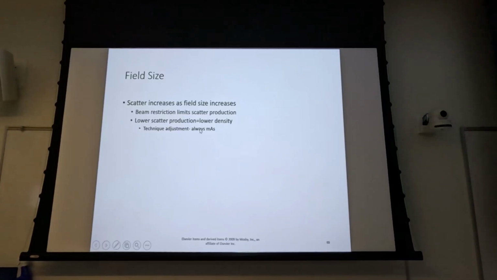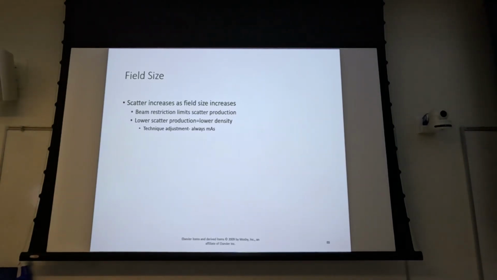So beam restriction limits scatter production. That's the key phrase here: scatter production. We've got scatter production and scatter cleanup. Scatter production is collimation. Scatter cleanup would be your air gap technique, your grid use, or post-patient collimation.